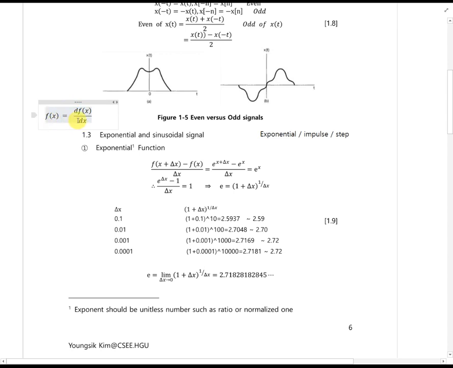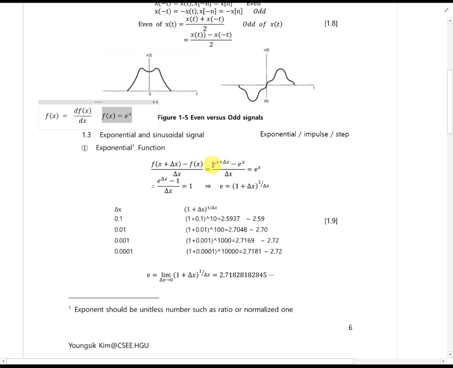So here is the definition: f(x plus delta x) minus f(x), divided by delta x, and we take the limit as delta x goes to 0. Let's assume that there is some function of this form, e to the x. Then f(x plus delta x) will be e to the x plus delta x.